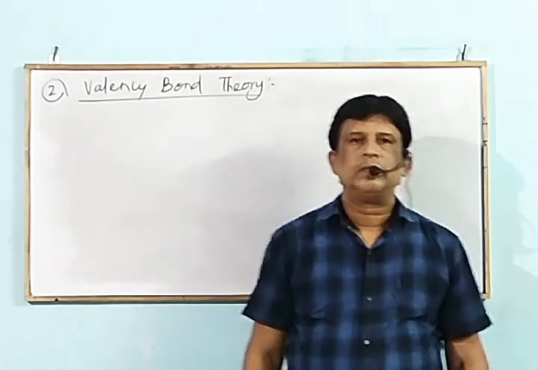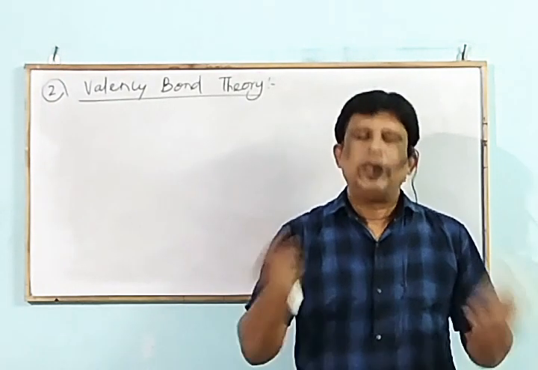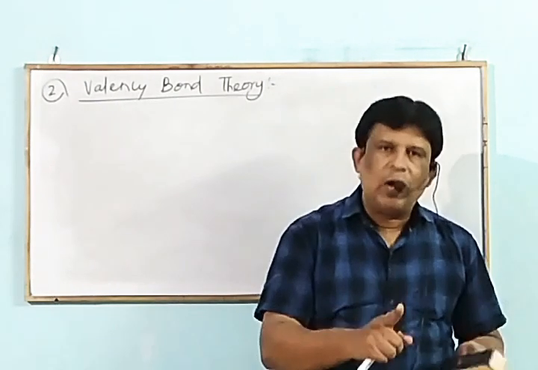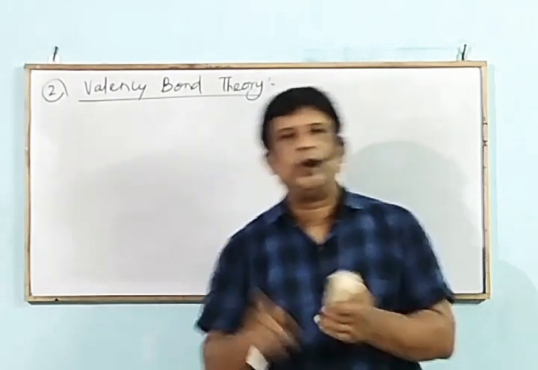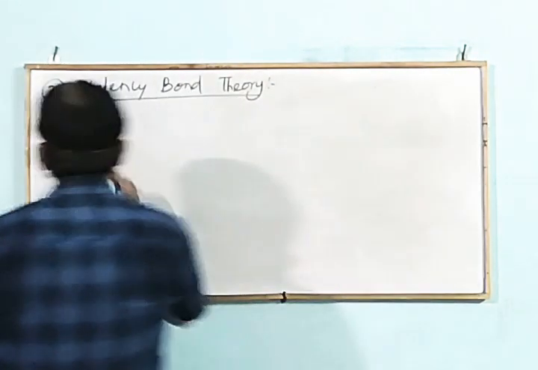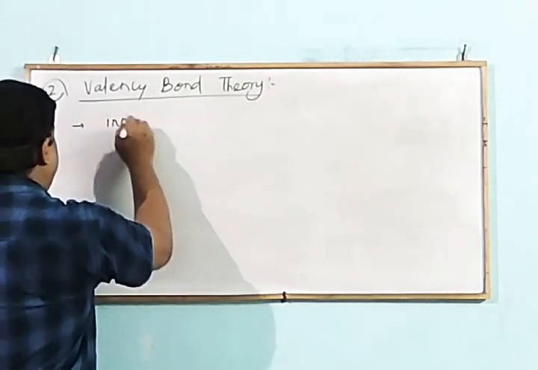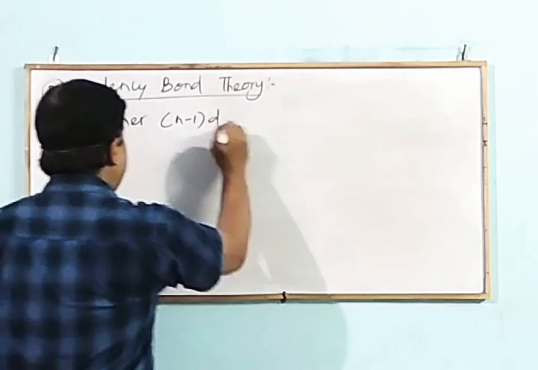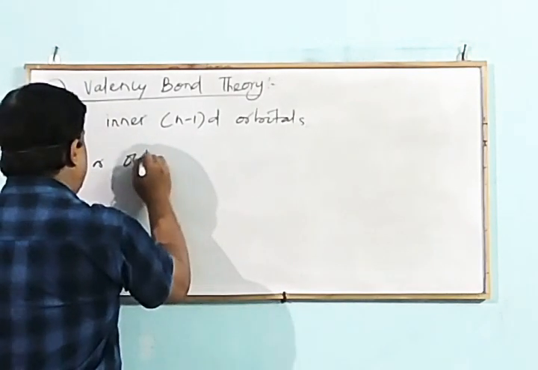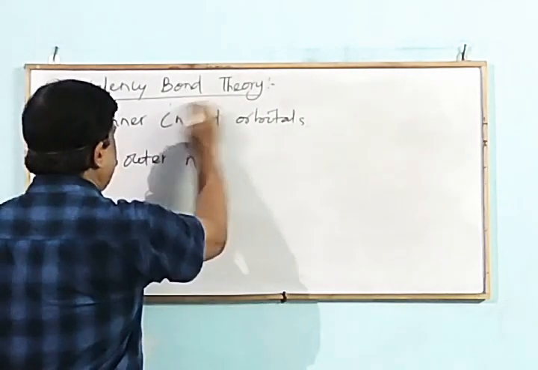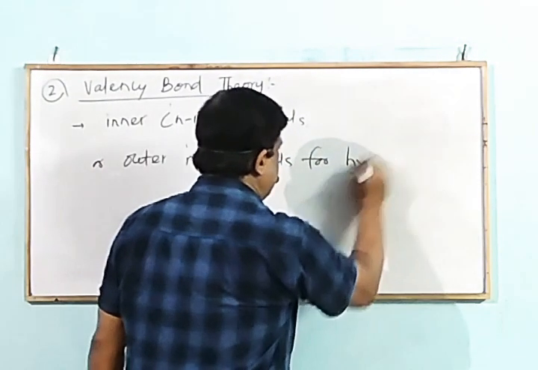Next point. During the hybridization, the central metal atom uses either the inner (n-1)d orbitals or the outer nd orbitals.